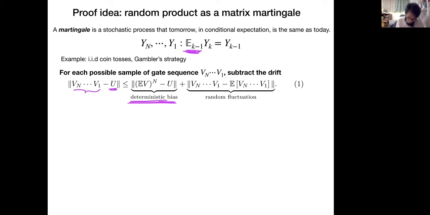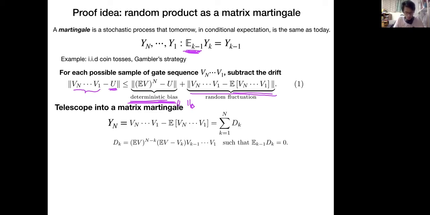This is actually what qDRIFT originally calculated. It's roughly the same as the Steinman distance bound, so that we know already. What's new as our contribution is to understand this random fluctuation. Now it has zero mean.